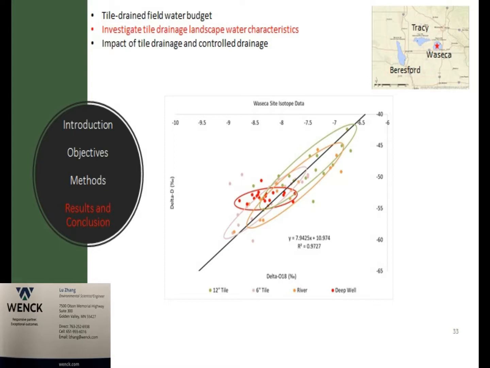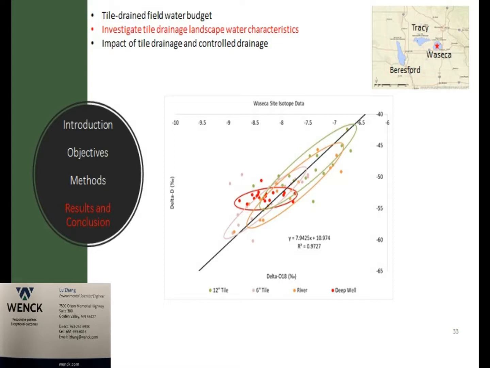What's interesting about this is, if you look at the deep well versus the 6-inch tile, the deep well is more clustered together because the groundwater doesn't daylight as often, and it doesn't receive a lot of precipitation in the mix. But the 6-inch tile could be conveying groundwater, so part of it has a similar signature and even more depleted.